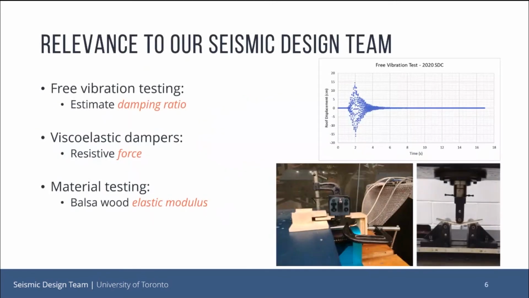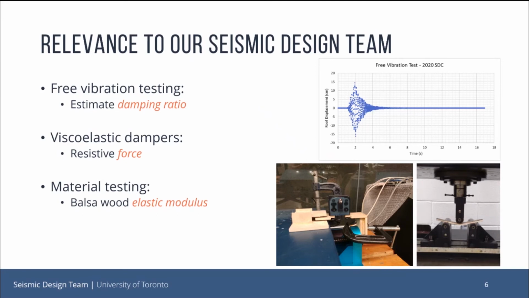So how is this relevant to our seismic design team? There are 3 examples that I came up with, and I'm sure that most of the team who are in design and analysis are familiar with. The first one is free vibration testing, and specifically from that we can estimate the damping ratio.